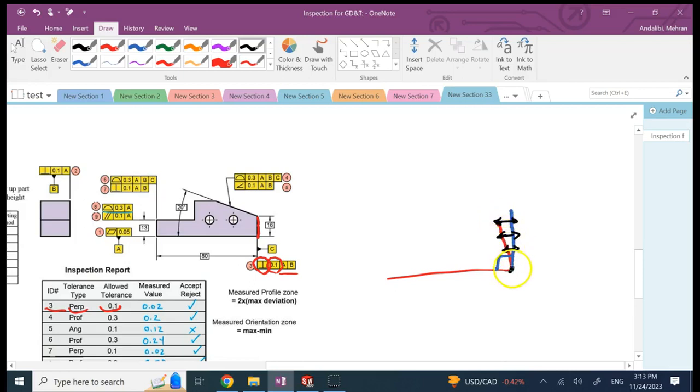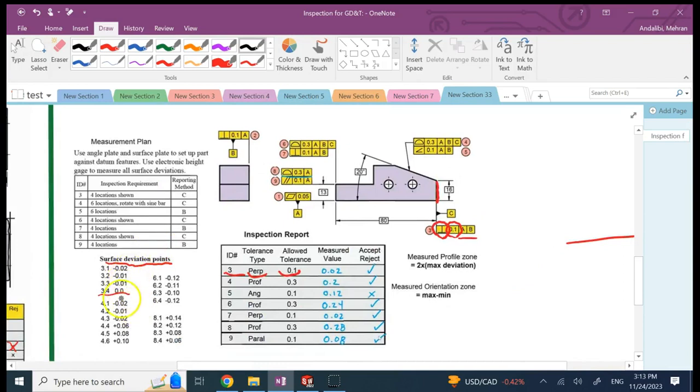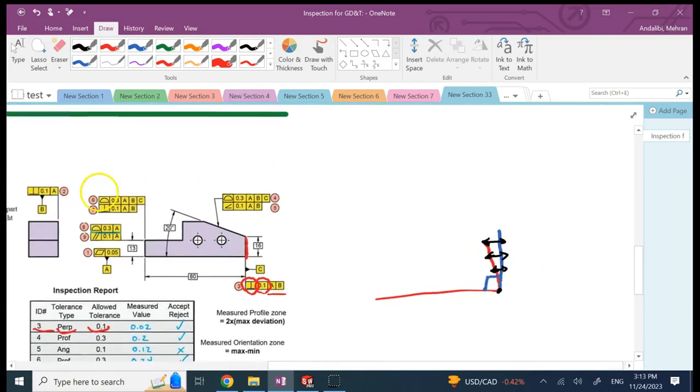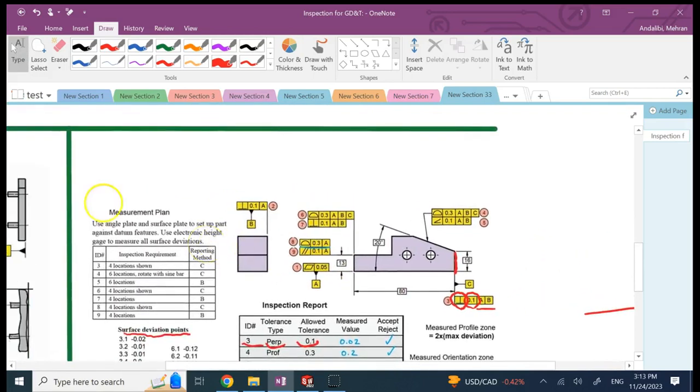These are those 4 deviations that I have: 0, negative 0.1, negative 0.1, and negative 0.02, or 10 thou, 10 thou, and 20 thous. They're all negative, which means they are inside, and so the angle is less than 90 degrees. So am I going to accept it or reject it?